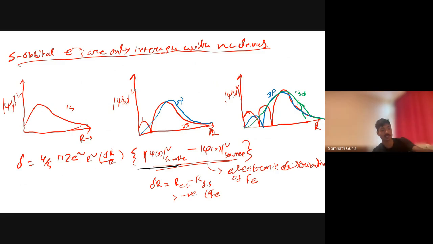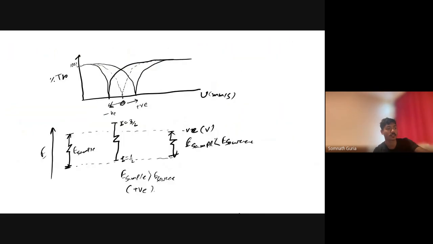So that means the higher the electron density, the lesser will be my negative value.